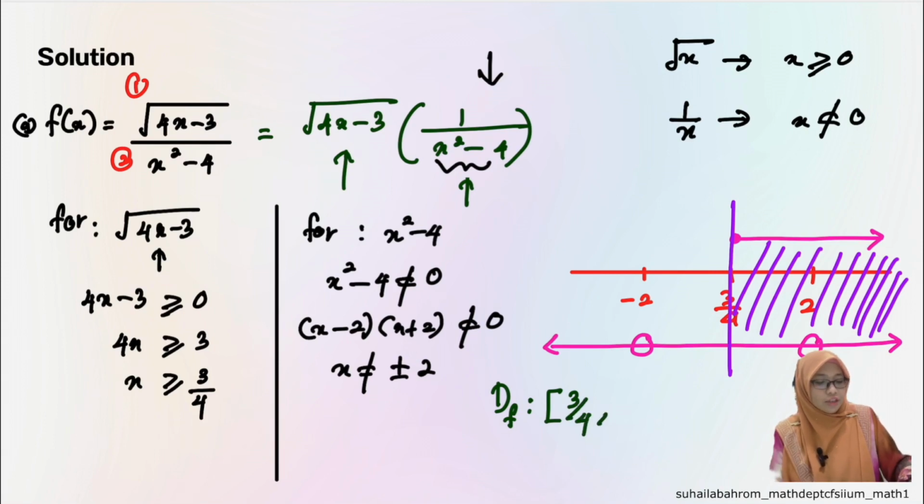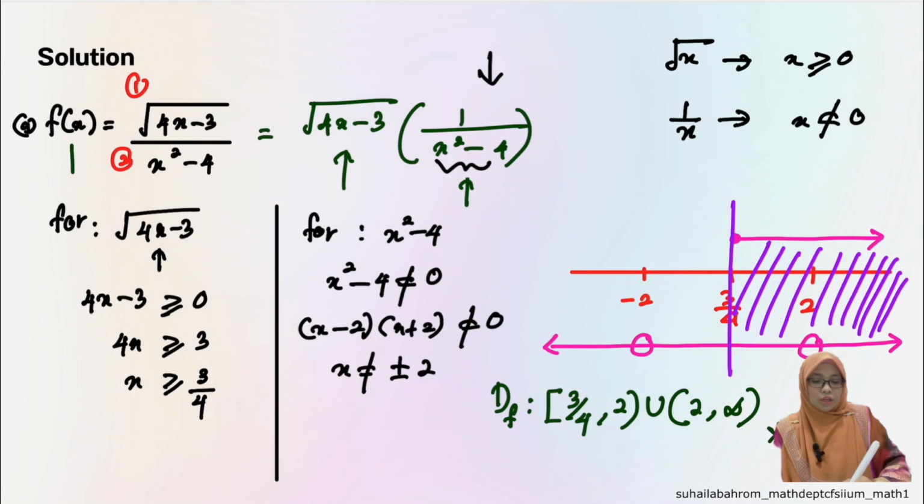Is it until infinity? No. Here, although it is redundant, one is a dot, another one is a hole, so you cannot include 2 in your domain. So you have to open the bracket at the value of 2, then union, open bracket 2 until infinity. This is the final domain of this function.